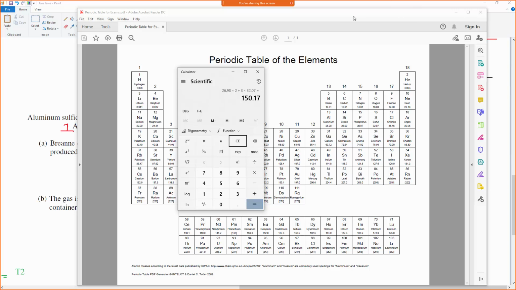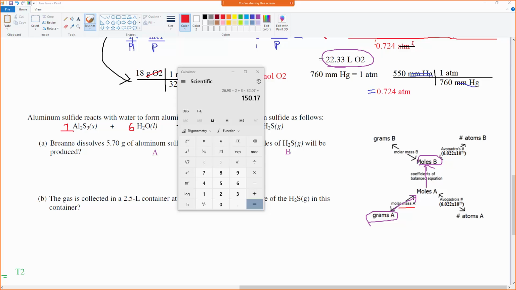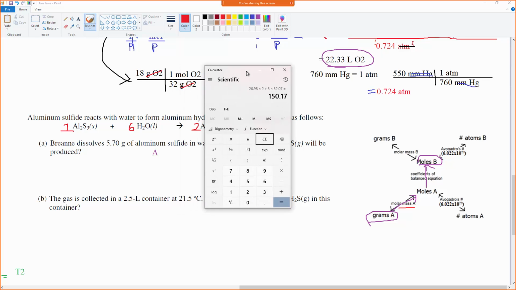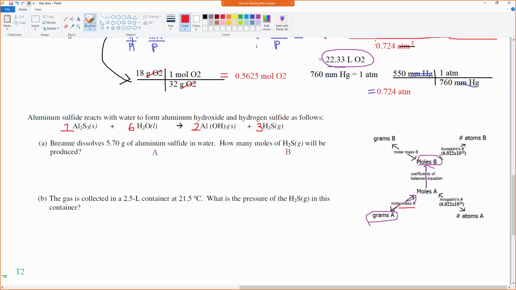Okay, is that what you guys got? 150.17? Hopefully at least one of you guys did that. It's not science if only one person's doing it. You have to share and confirm. All right. Al2S3 is 150.17 grams in a mole.